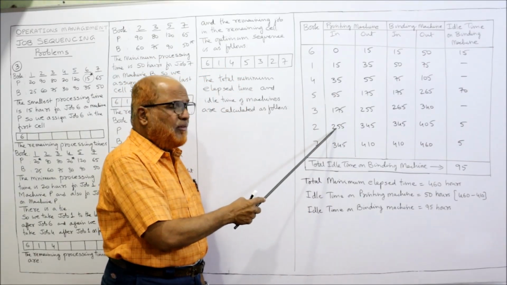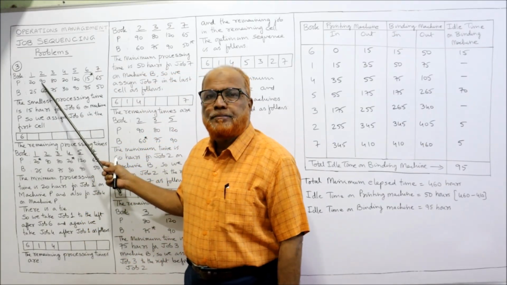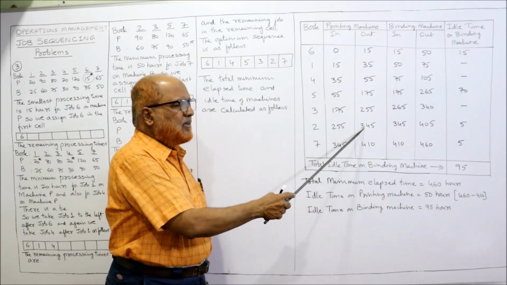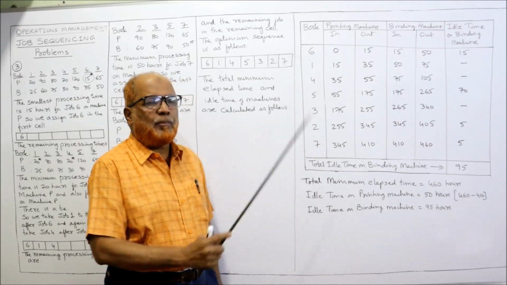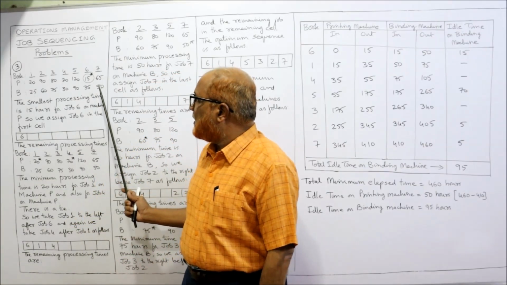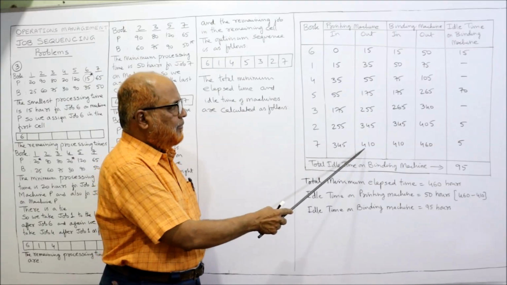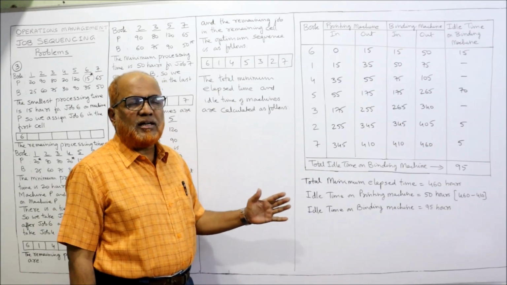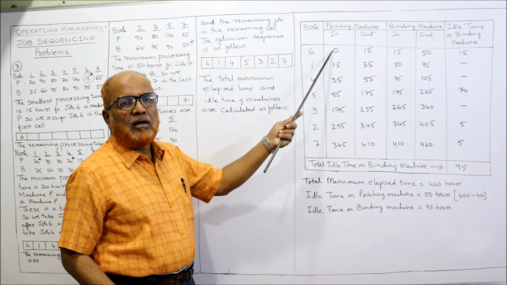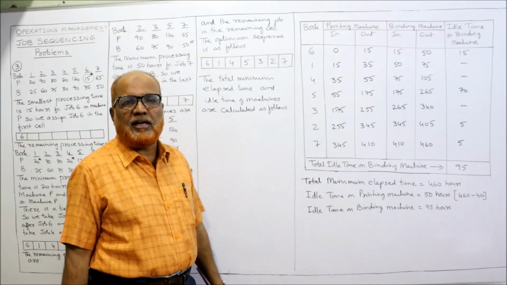Now it will start at 255. 2nd book printing, 90. So 255 plus 90, 345. From 345 it will start. 7th book printing is 50. So here 345 plus 50, 410. That's it. So it started the work at 0 hour and ended all the books at 410 days.